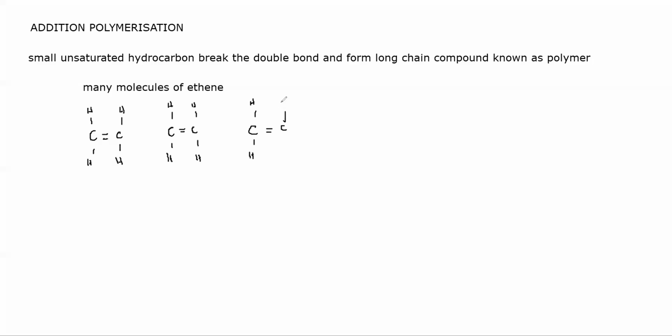Too many molecules are there. We don't have to draw all of them. There's a way to represent this, but because this is the first thing I'm explaining, I'm drawing as many as I can so that you understand the concept. So we have ethene molecules.